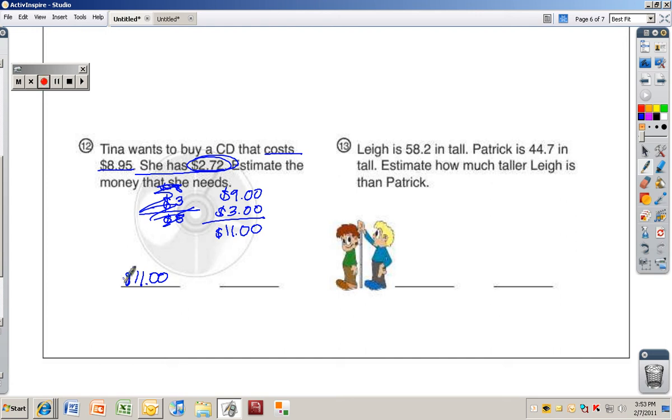And 9 plus 3 is not 11 anyway. Why don't you clear all that stuff off of there? Hit the spray bottle. There you go. Okay? So it would be $9. And so subtracting $3 would equal $6.